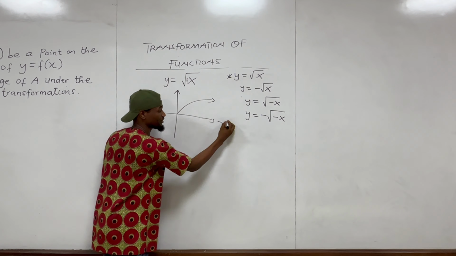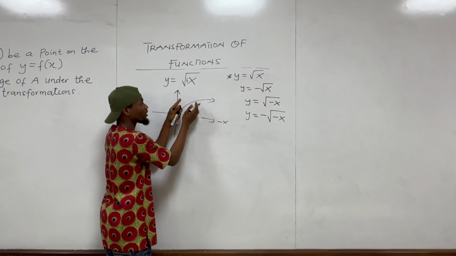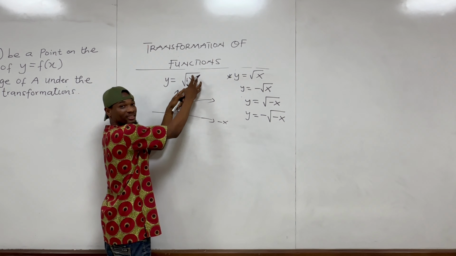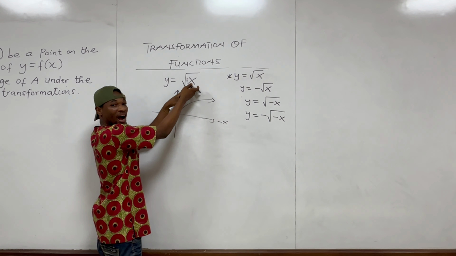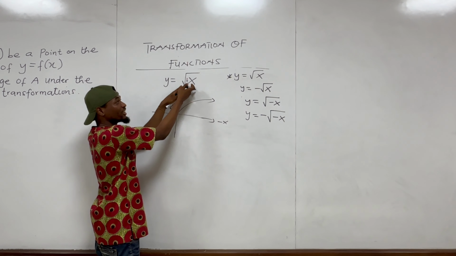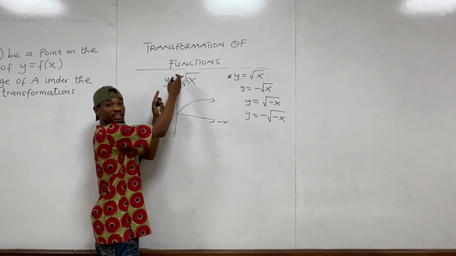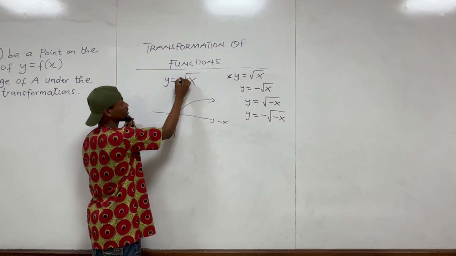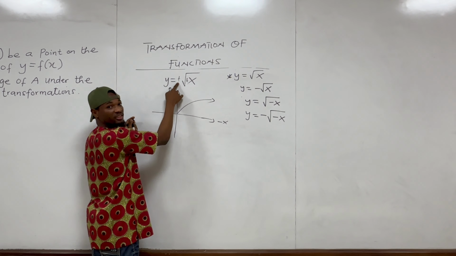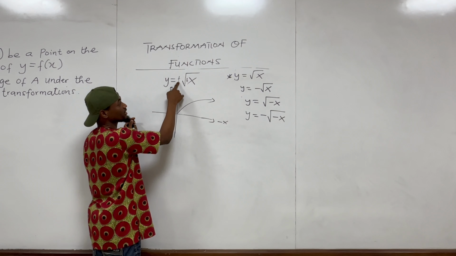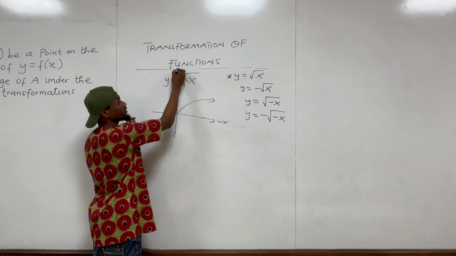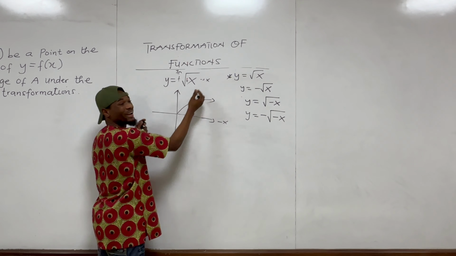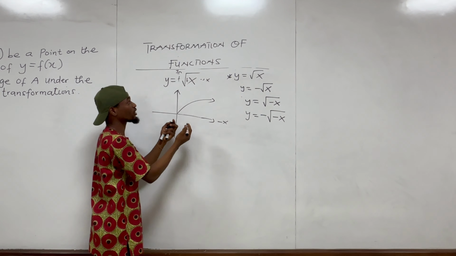So I have my positive x this way. After tackling the radicand, then I'll move outside and consider the coefficient of the square root. So here it's also positive. Okay, this is positive. So this represents my y, and this represents my x. These are the traits you can employ.